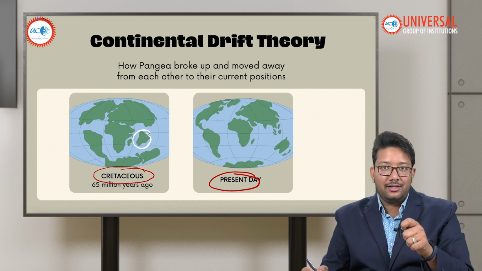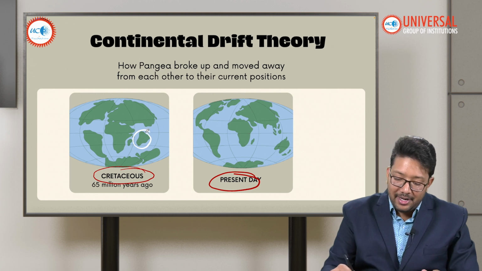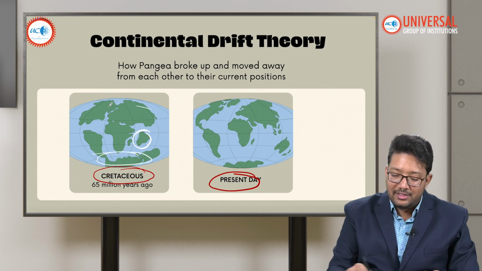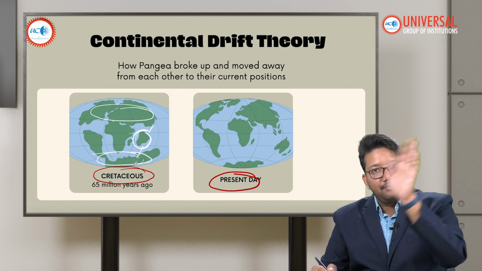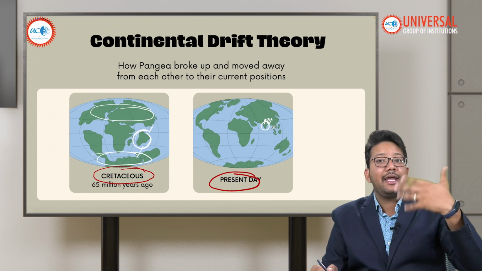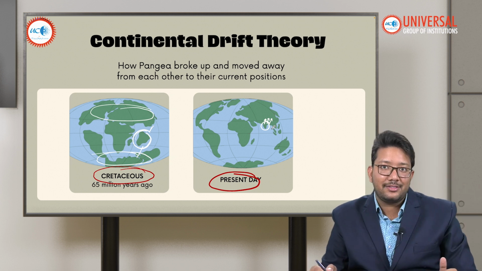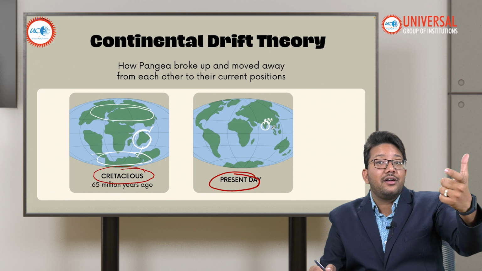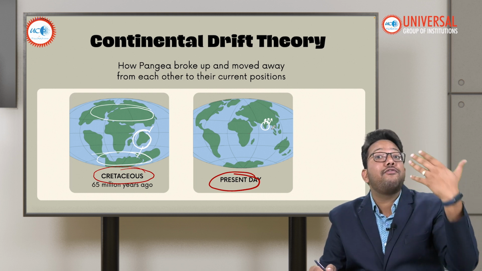It was in the middle section, between Gondwana land and Angara land. After millions of years, the Indian plate hit the Eurasian plate, and today's Himalayas were formed like this. Because of continental drift, oceans and continents were formed.